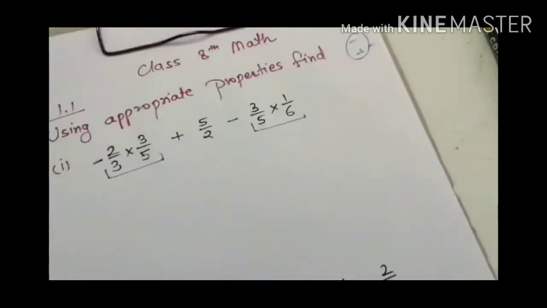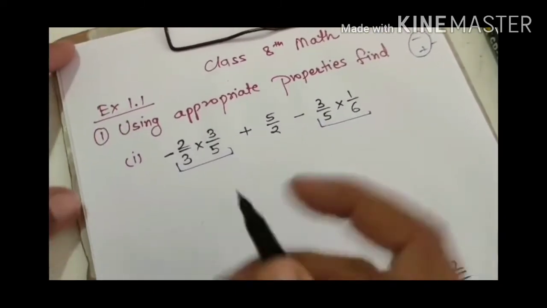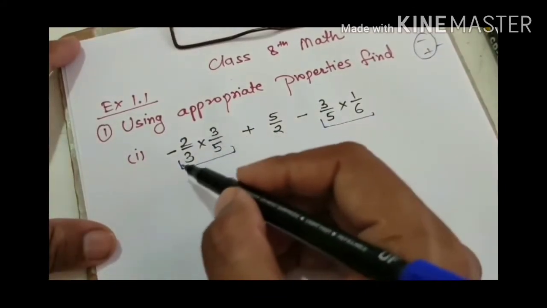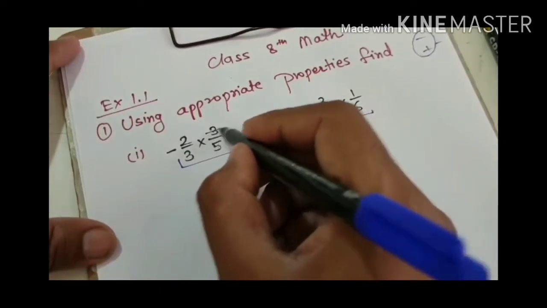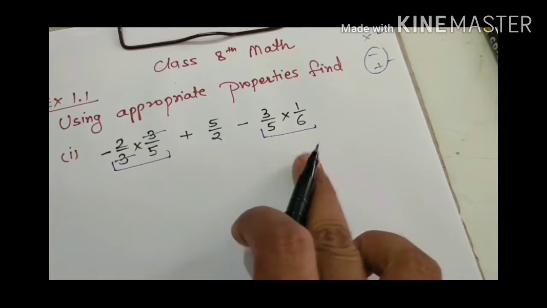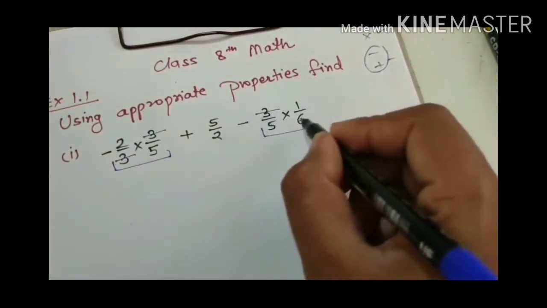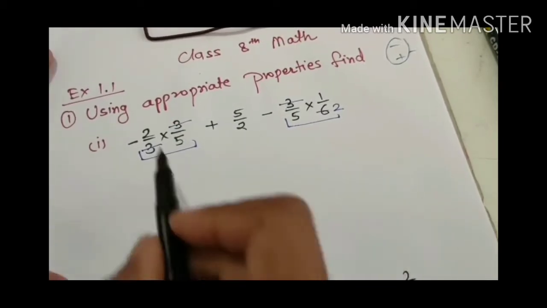First division, then multiplication, then addition, subtraction. So first division. If division is not there, then multiplication. So I can cancel that 3 here. Then here also, 3 1s are 3, 3 2s are done. Now I have to multiply.